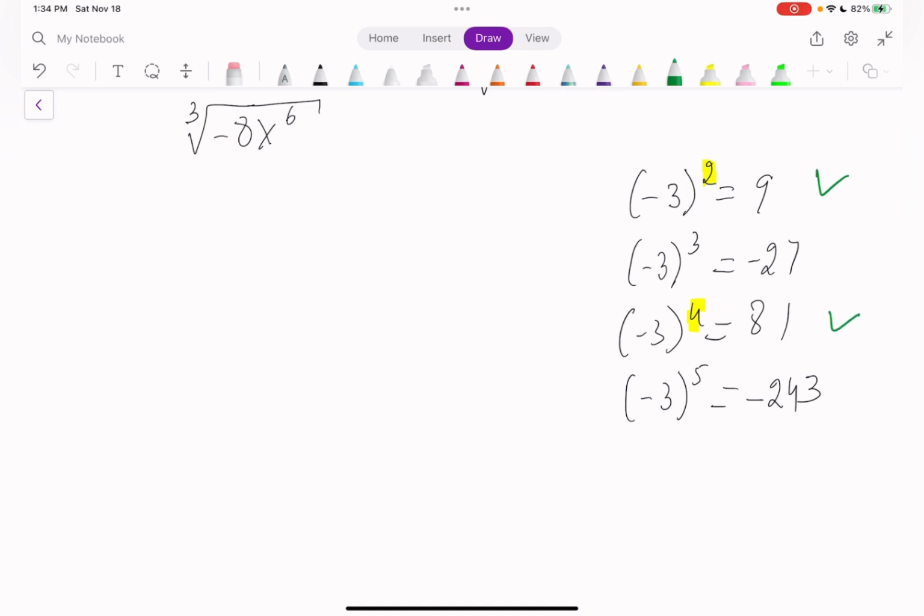But if we have the odd power, odd degree for a negative base, we are getting a negative answer. So what does that mean? Which means if I do the opposite operation, if I put radical degree 5 of negative 243, I'm going to get negative 3.